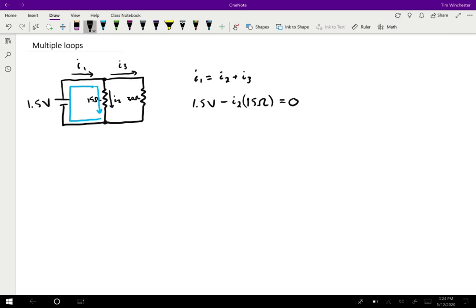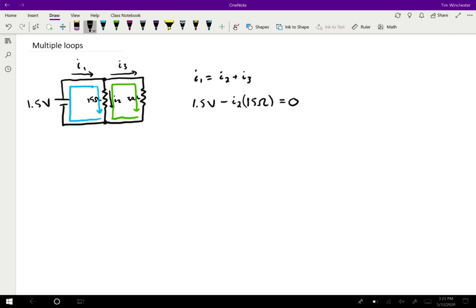Okay, or I could consider the right-hand loop. So I pick a spot, any spot around the loop, and I go around like this and calculate the loop rule around there. Well, the first thing that I crossed was the resistor in the middle, the resistor that's 15 ohms. But notice this time I'm going backwards, opposite the current.